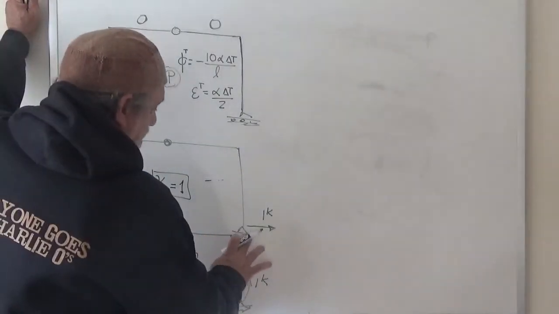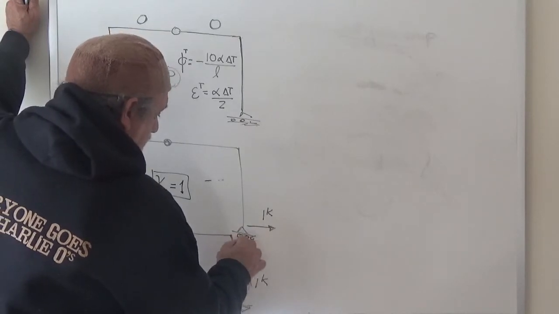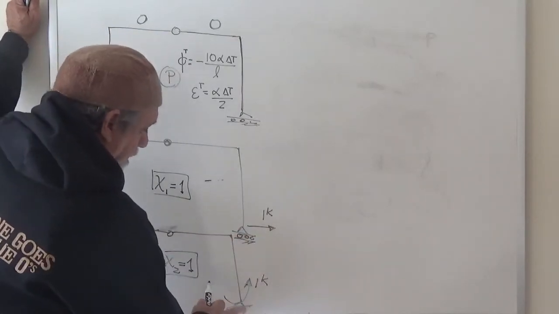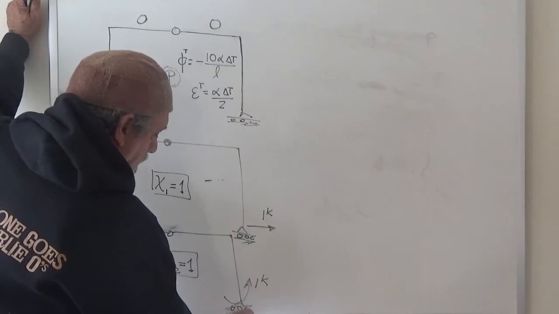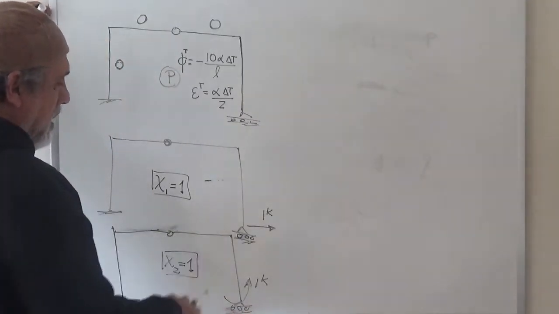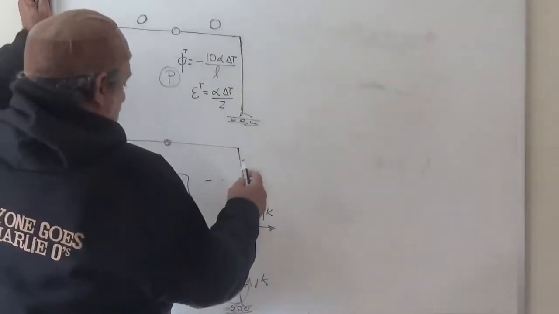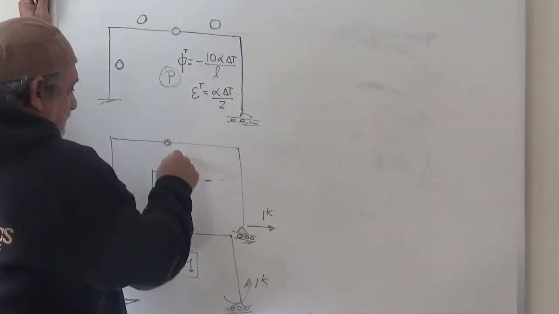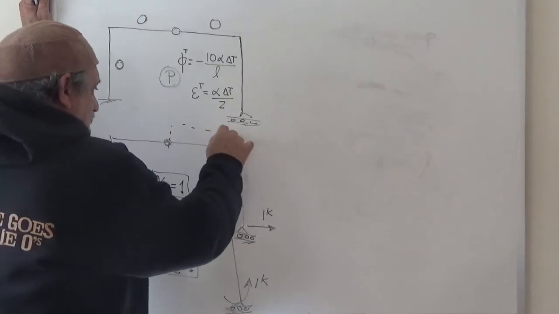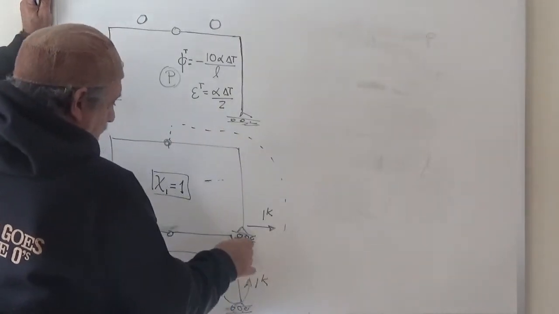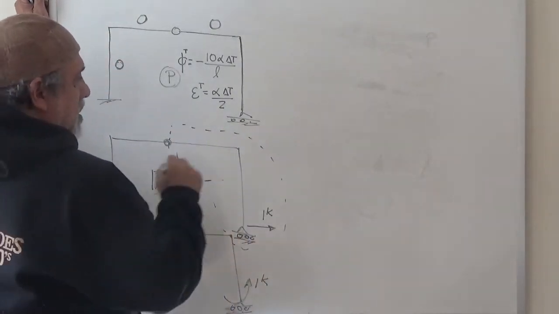Oh, I'm sorry, this is not like this, this is a roller, right? This is a roller. So I remove the horizontal reaction and the moment. So now, first we take a look at this bubble. Go through the hinge, turn around, grab the support, and go like this, right?